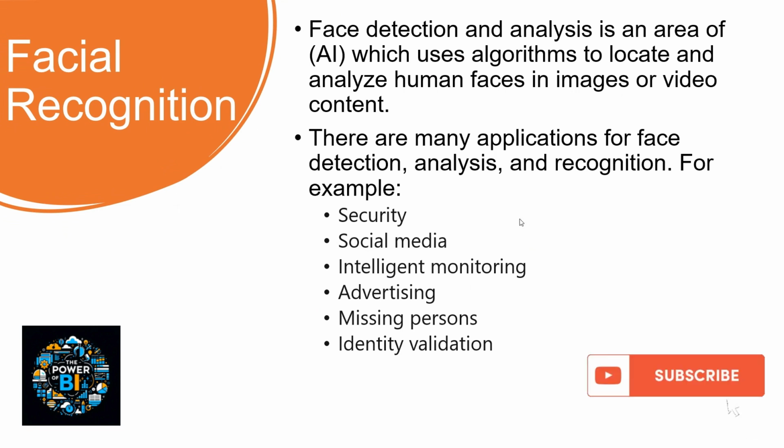There are many applications of face detection and analysis. For example, we can use it for security to recognize faces in a building. We can also use social media facial recognition to automatically tag known friends in a photograph, as well as intelligent monitoring.